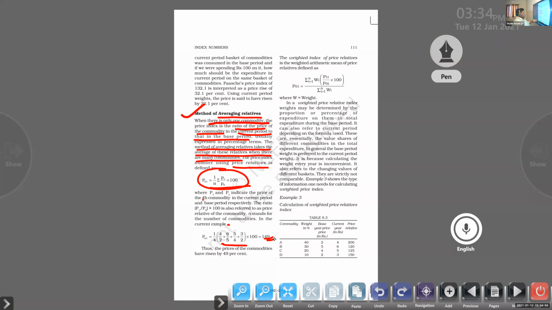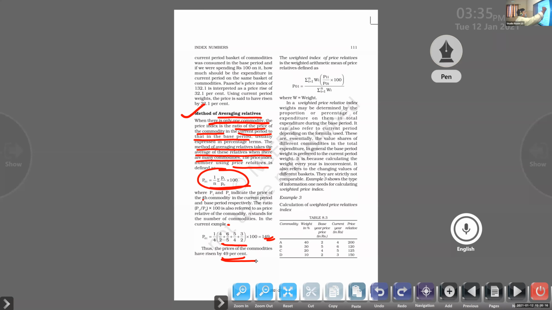Thus, the prices of the commodities have risen by 49% from the base year. So this method, underline it. Next one, the weighted index of price relatives is the weighted arithmetic mean of the price relatives.